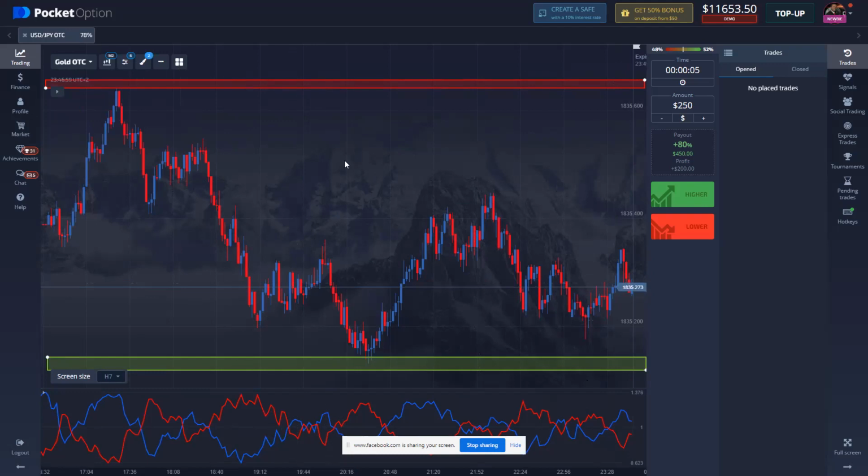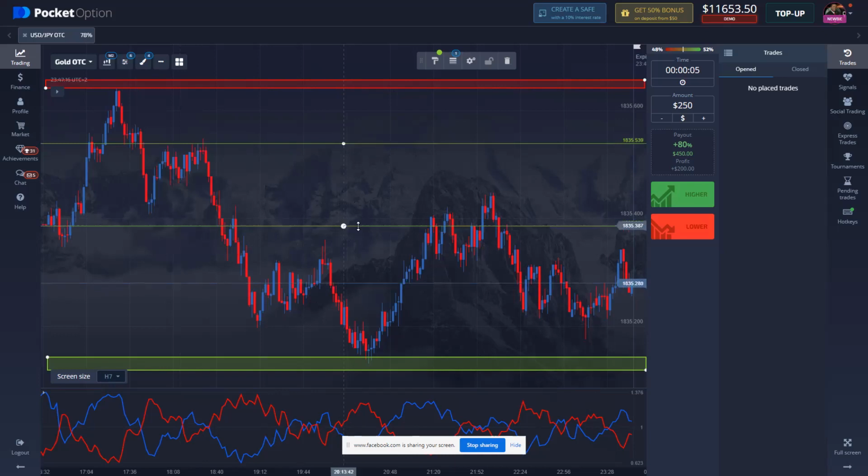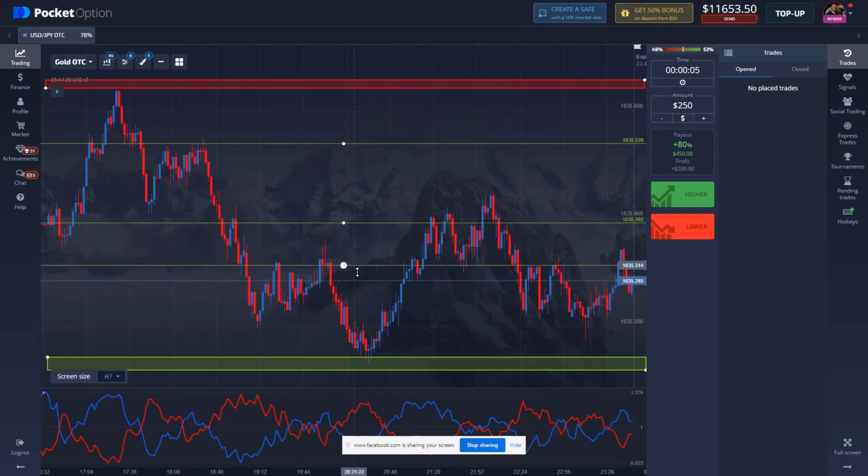Then what I like to do is draw my market structure, places where institutions like to gather a lot of liquidity in the market to where they make big moves. So I see a good area here, and this is a good area too.